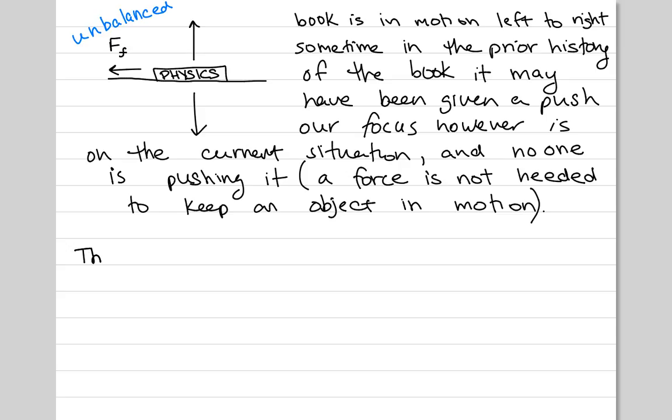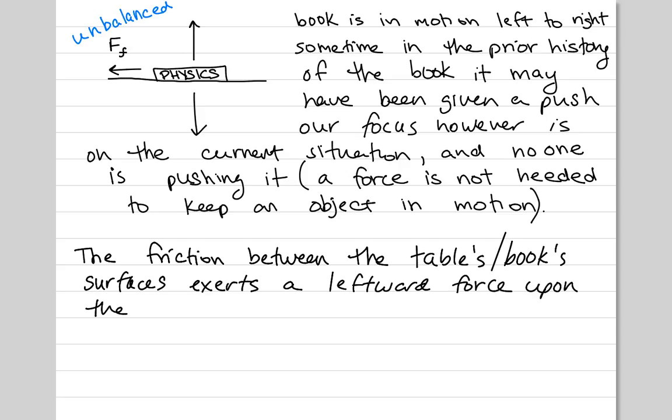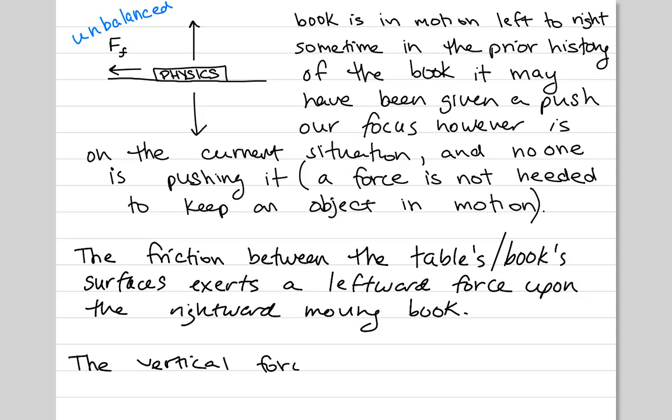So let's formalize that. The friction between the table and the book's surfaces exerts a leftward force upon the rightward moving book. The vertical forces are balanced.